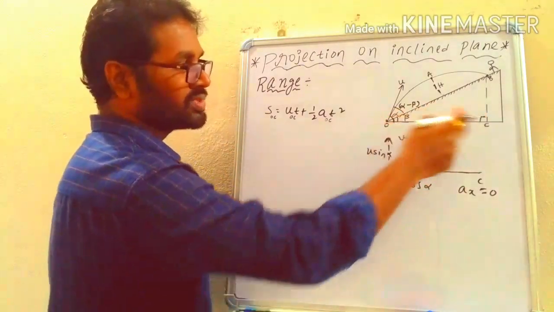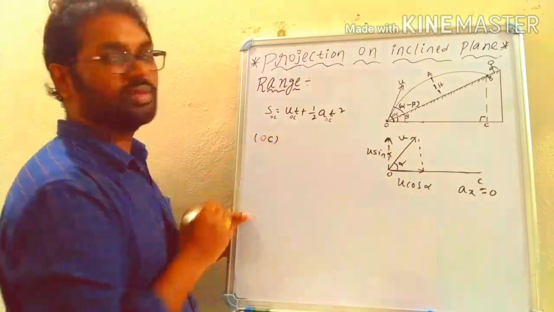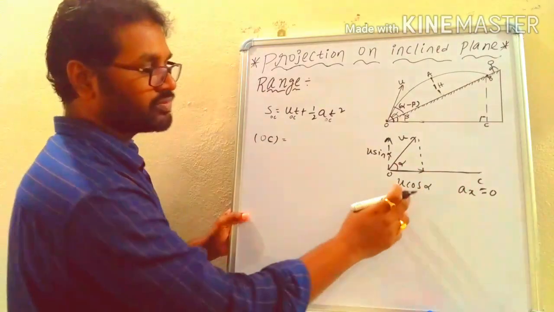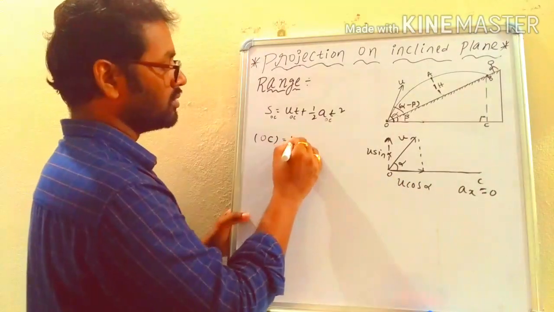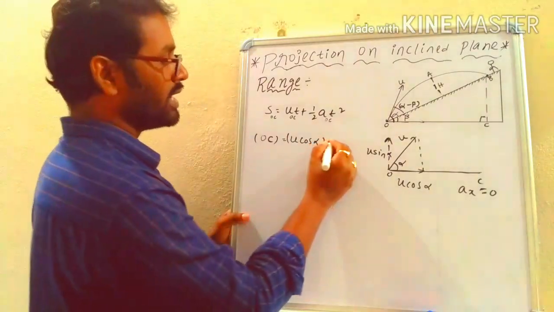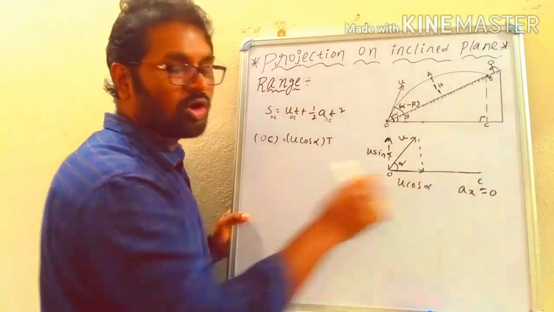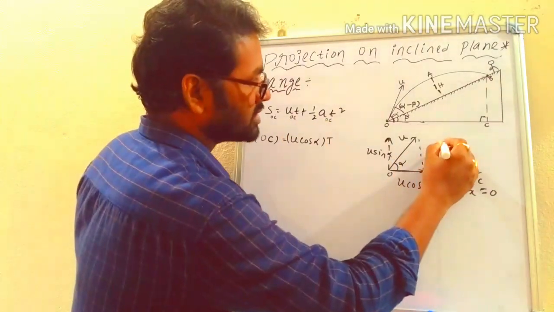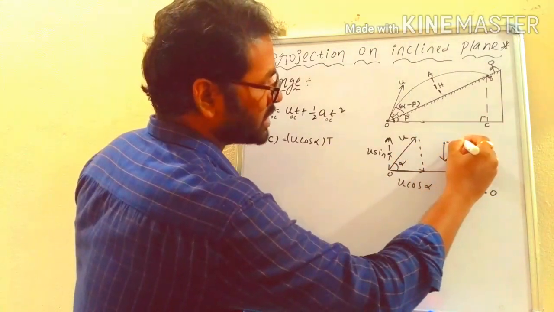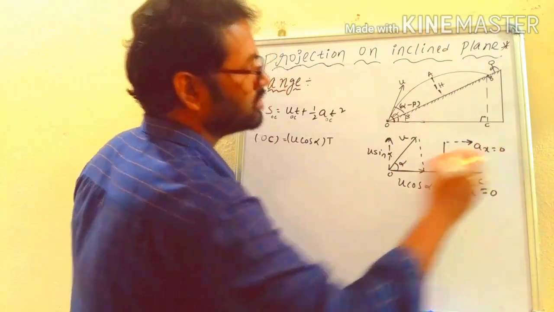From O to C, we can take it as OC. The distance OC is equal to the initial velocity along the line OC, which we got as u cos alpha, here u cos alpha, and the time of flight, which we can directly write as capital T. And the acceleration along this line is equal to how much? 0, because you can see the gravity is always vertically downward, and the horizontal component along the ground axis is equal to 0.